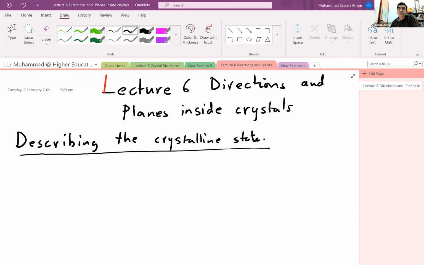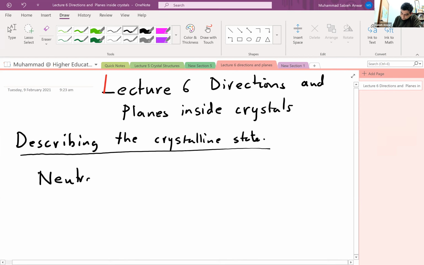Three probes are often used for probing crystals. One of them is neutrons. Then, in some cases, we have electrons. And the third probe is X rays.